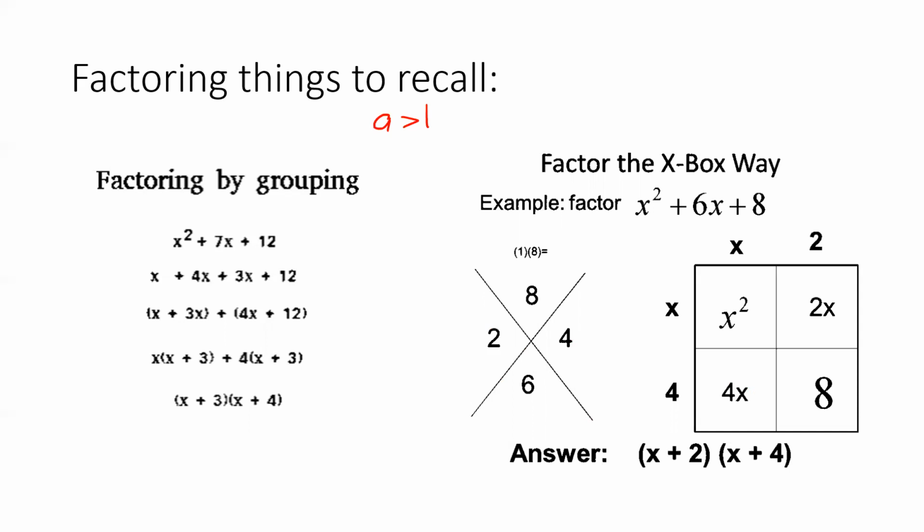The examples I'm doing, my A is not greater than 1, but just to show you. What happens first is that you multiply your A times your C term. So I have 1 times 12 in this case, which is 12. So I'm looking for what factors multiply to give me 12, but add to give me 7.